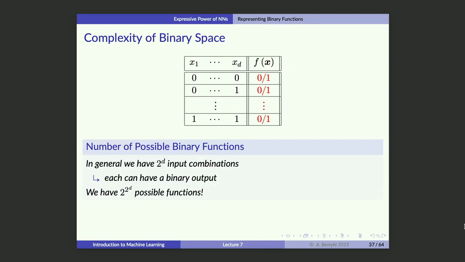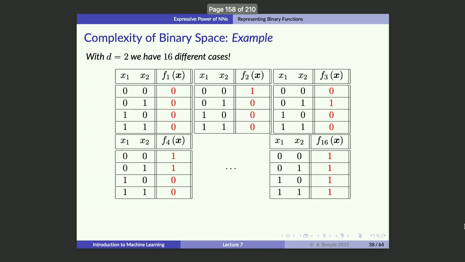Every single truth table is going to have 2 to power d different rows, and you have how many of those tables? 2 to power the number of cases, 2 to power 2 to power d. Just to see it on a two-dimensional case, when d equals 2, your table is going to have 2 to power 2, meaning 4 different rows: 0, 0, 0, 1, 1, 0, 1, 1.